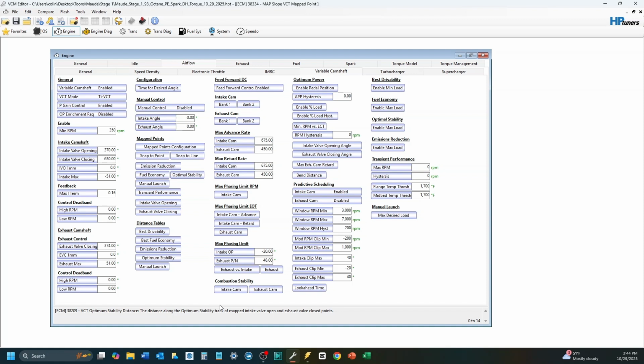And we're going to see what the map points look like, the IMRC, all that stuff, right? And then we will go through and set up a tune to begin looking at tables 0 and 10 and force the car to operate in those tables, right, or in those map points. Then we can go and gather data to calibrate them, right? And then once you see those, you do all of those tables pretty much the same way.